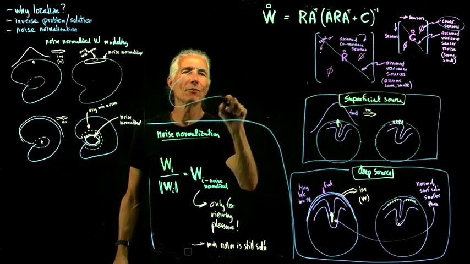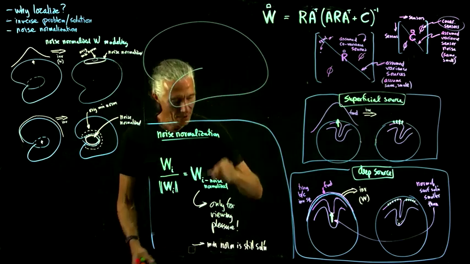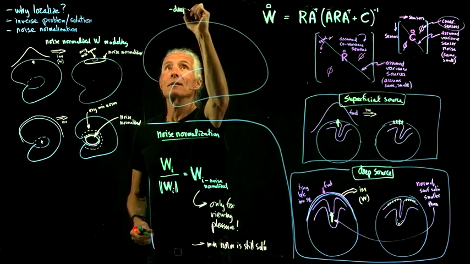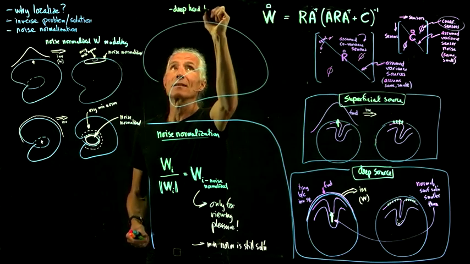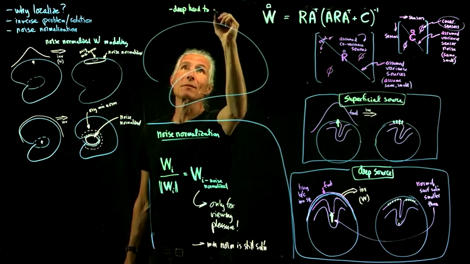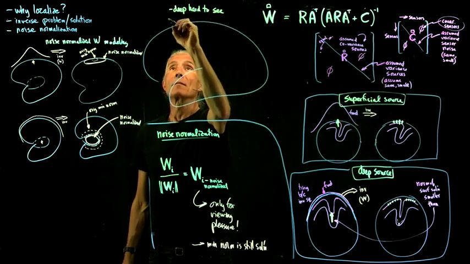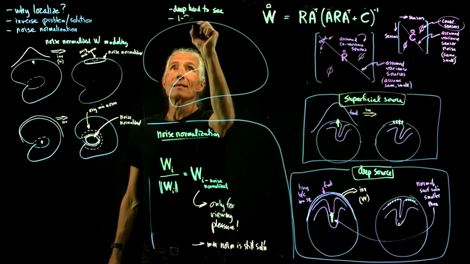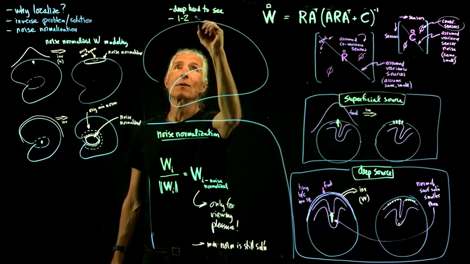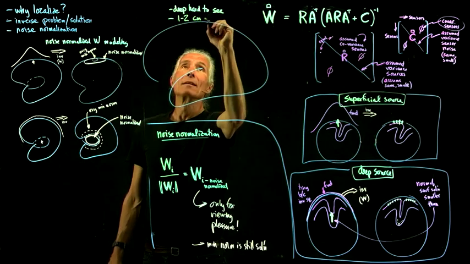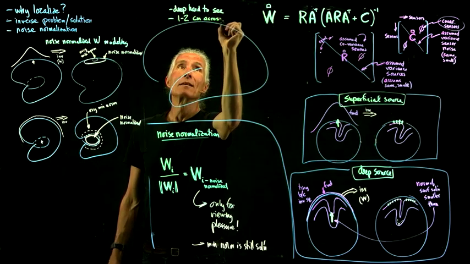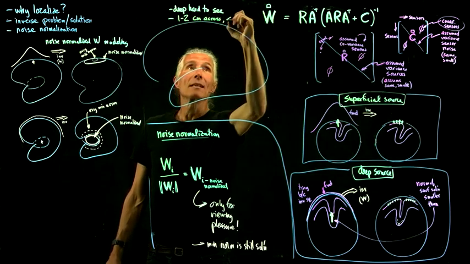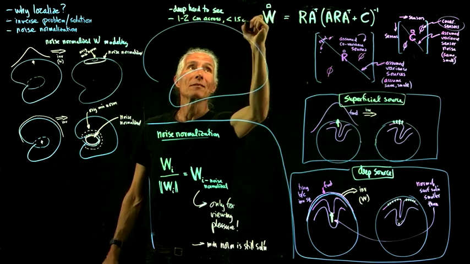But what can it do? So, what are the problems? Deep sources are hard to see, so you're going to be biased against seeing them. But on the positive side, you can localize patches that are, say, 1 to 2 centimeters across, and less than 1.5 centimeters deep.